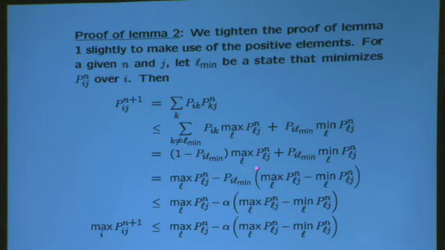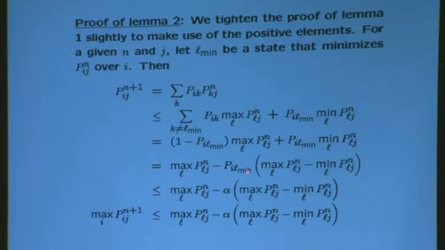So P from I to L has to be greater than that, and the negative of it has to be less than. So we can substitute this here. Now we have this: the maximum over I of this n plus 1 step transition probability, because I can write this as an n plus 1 step path from I to j.